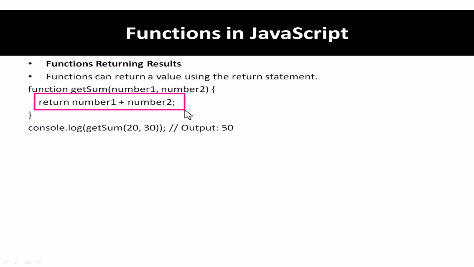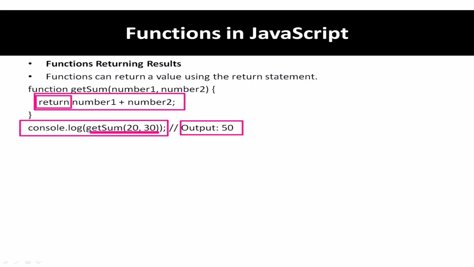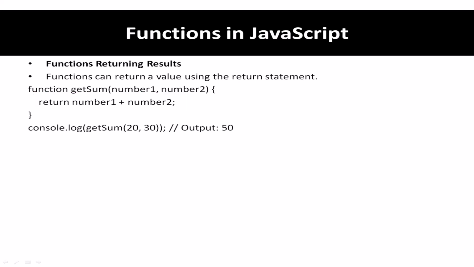Here we are using a return statement, return number 1 plus number 2. It means it will return the value to the place where the function is called. In console.log get sum, whatever value is added will be returned to the console.log. So the output is 50. This is another way of returning from the function.